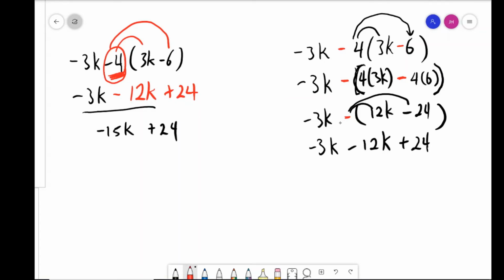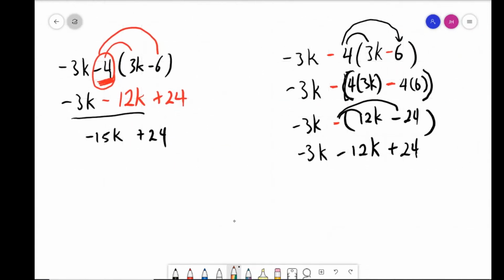Again, I'll do a recap here, that in the third step here, you have to minus negative 3k minus 12k minus negative 24.